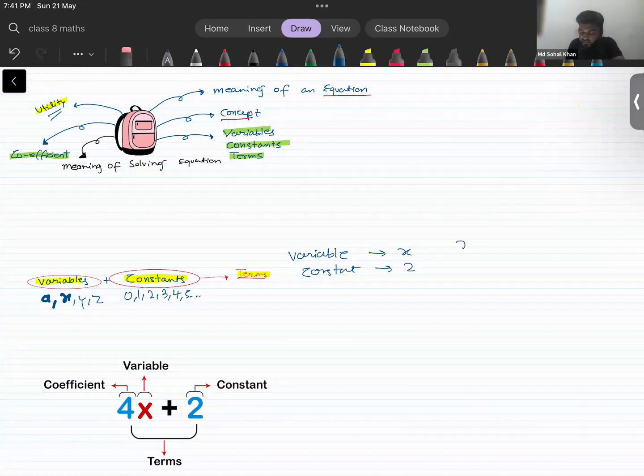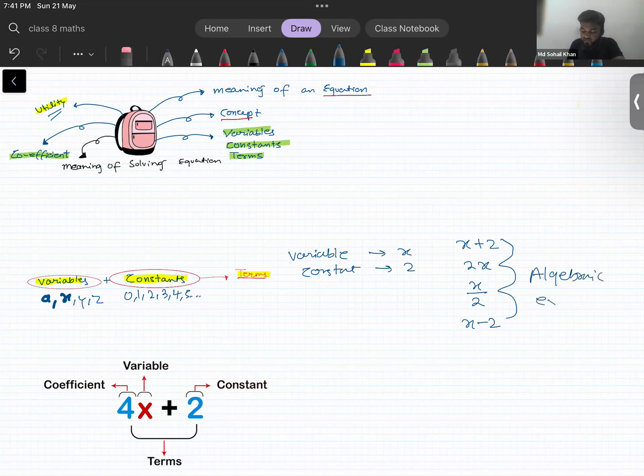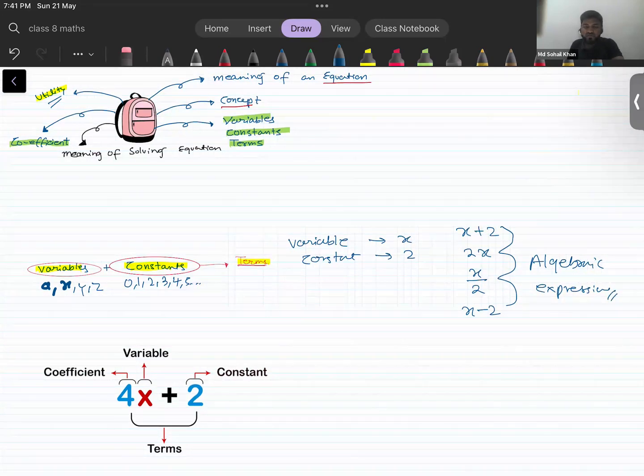It could be x plus 2, it could be 2x, it could be x upon 2, it could be x minus 2, right, Ahmed? And these are all called algebraic expressions.